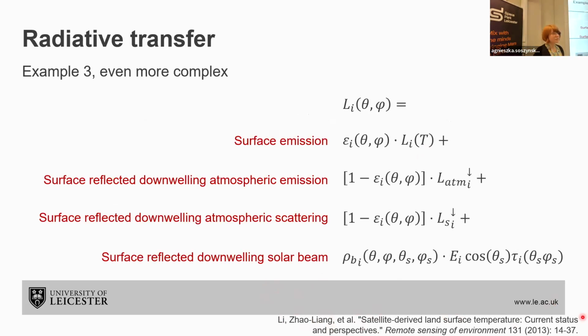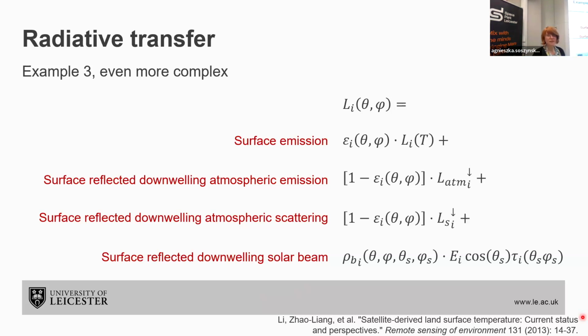As John mentioned, it is less relevant, but we can still account for it. And then something that we haven't mentioned yet at all is the surface reflected solar beam, because there will be some minute part of solar energy reflected as well. So we can make things, as we did with the graph where the arrows kept appearing and disappearing, we can do the same with the radiative transfer equations.